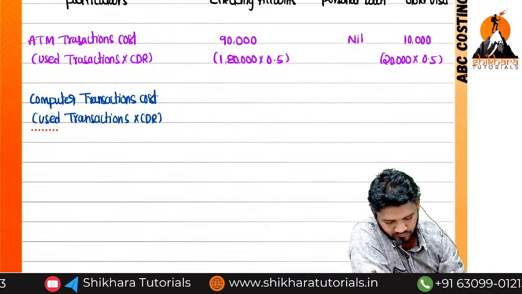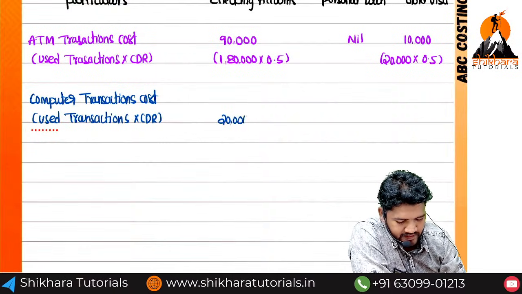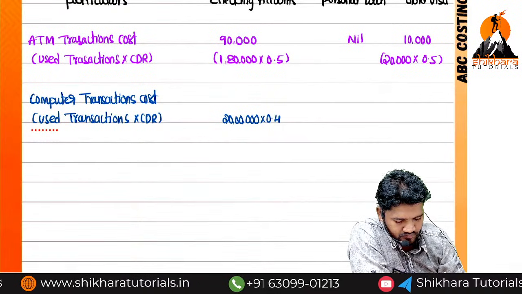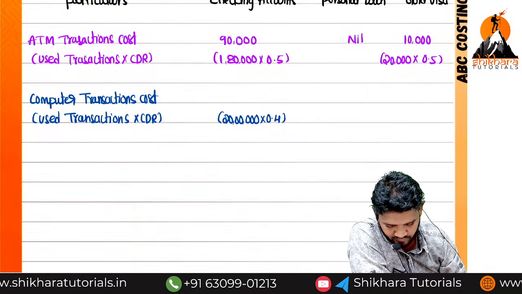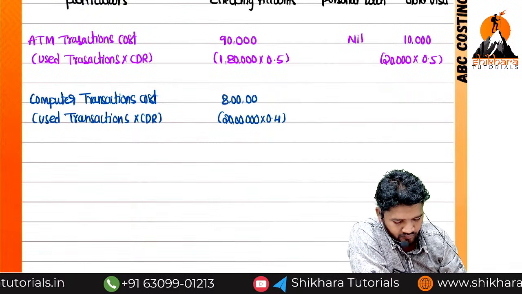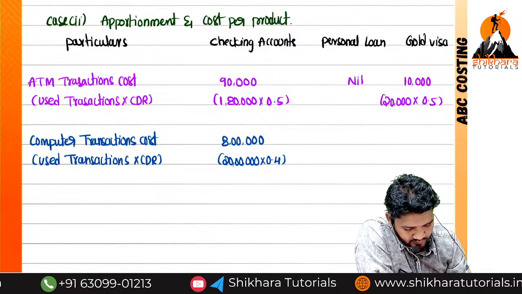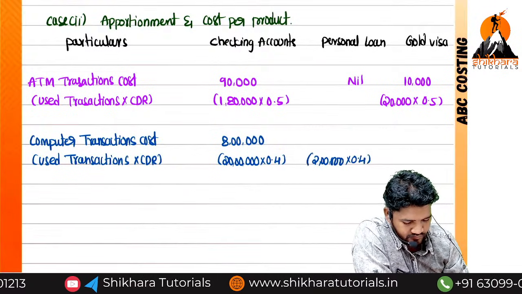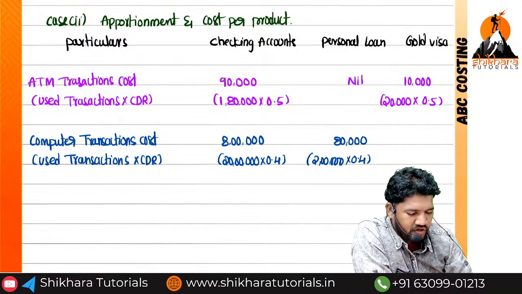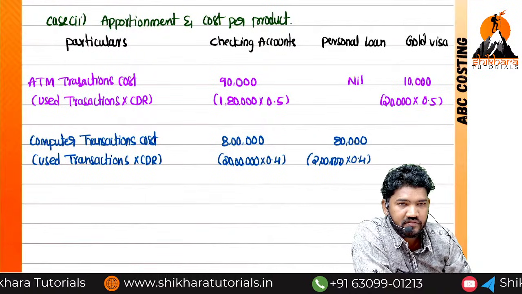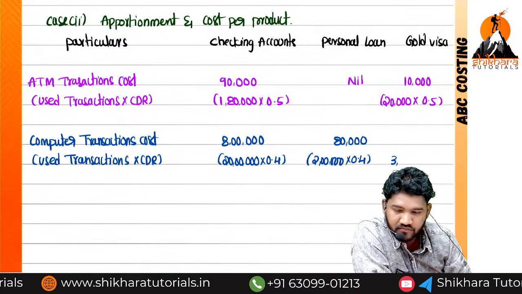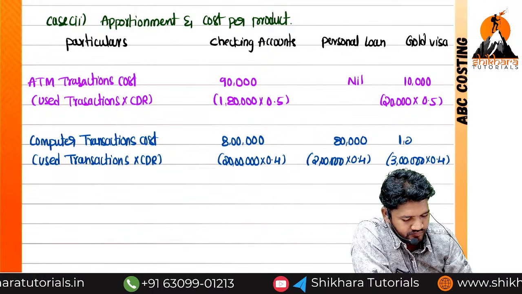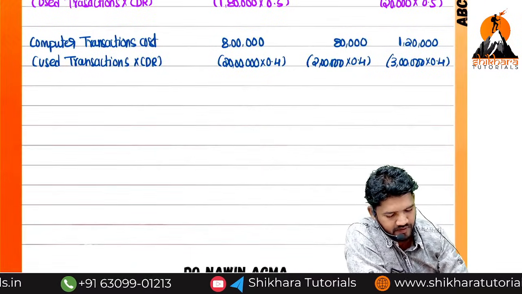Working notes, please. 20 lakh transactions into cost, please. What about this personal loan working note? 2 lakh. What about this gold visa? Transactions? 3 lakh. Answer? Next one.